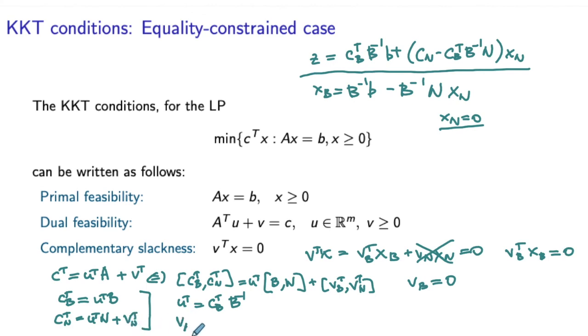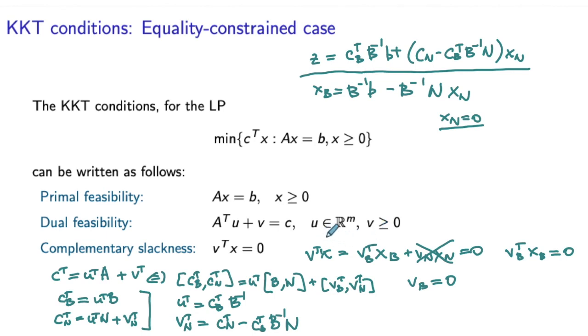So Vn transposed is given by Cn transposed minus U transposed N. We replace U transposed with CB transposed B inverse and then multiply by N. And this is our solution for the dual variables in order to ensure the dual feasibility.